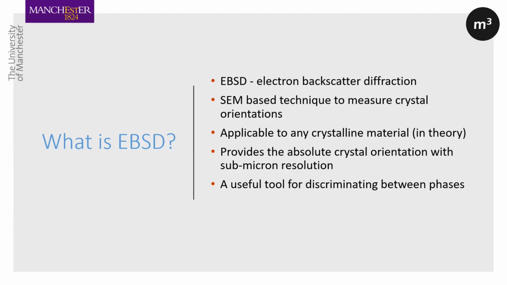So they may be crystalline, but EBSD may not be able to resolve it. But where it's within its capability, it provides absolute crystal orientation at submicron resolution. It's also a useful tool for discriminating between phases.